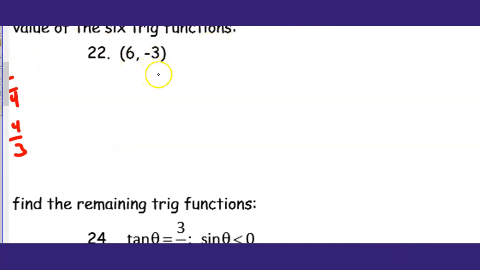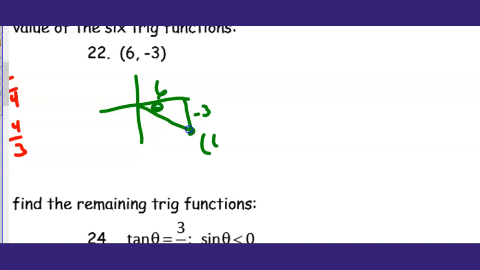All right, this point right here, +x, -y. 6, negative 3. My point is right here. 6, negative 3. Right?